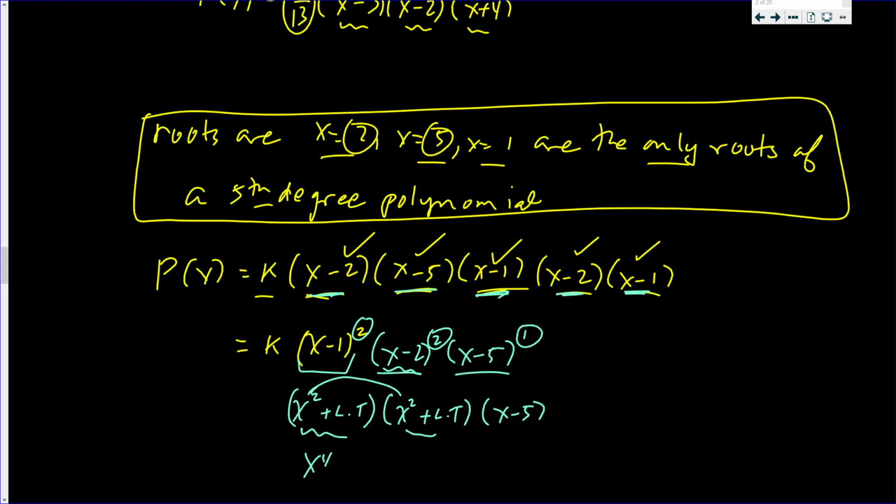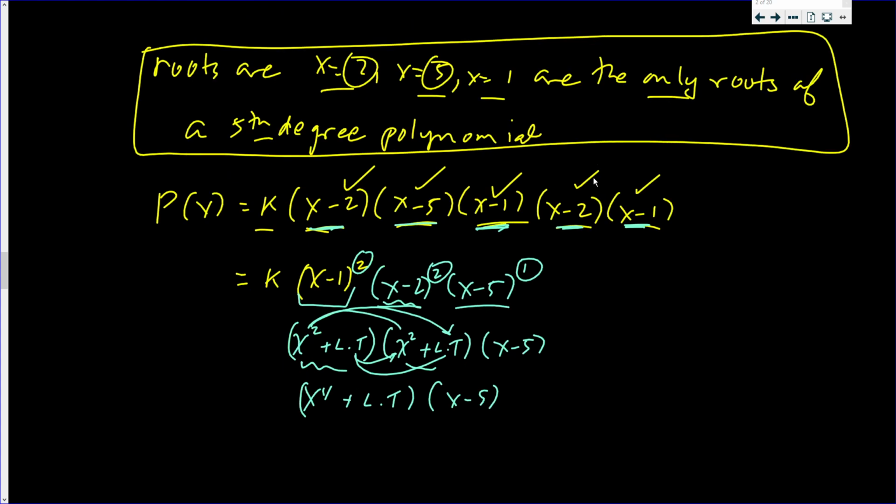But when you multiply x squared by lower terms, you'll get less than x to the fourth. And when you multiply the lower terms by x squared, you'll get less than x to the fourth. Lower than x squared times lower than x squared will be lower than x squared. So you get x to the fourth plus lower terms times x minus 5.